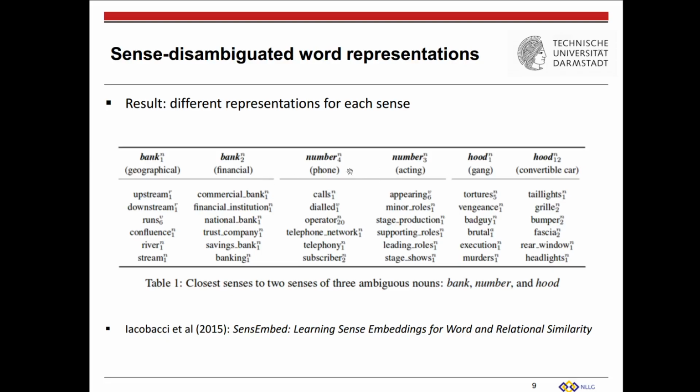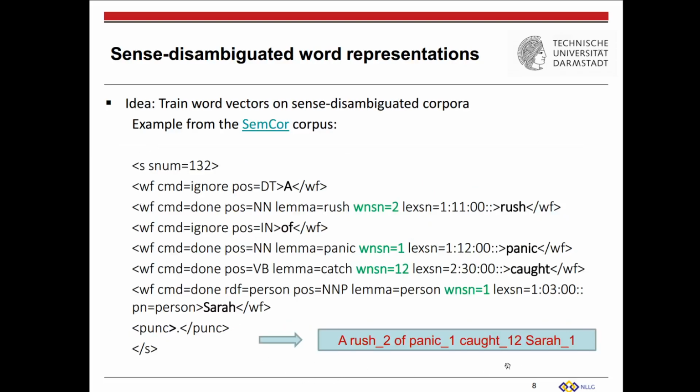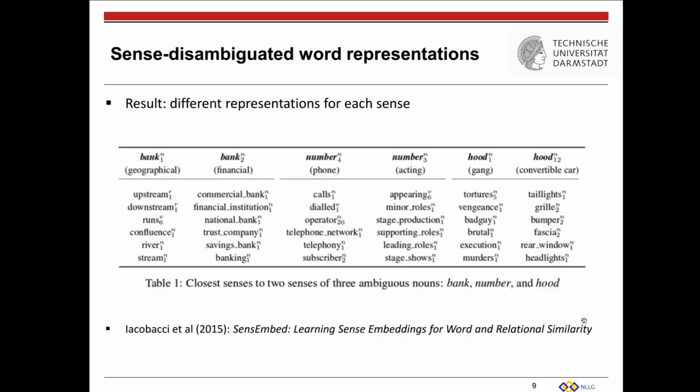And for number, maybe there are also different word senses, or you can have a telephone number, or you can make a great number in some TV performance. And then, okay, so our words have different senses, and now we learn the representations on such a corpus, right? Now we have the index, so each sense gets a different embedding.